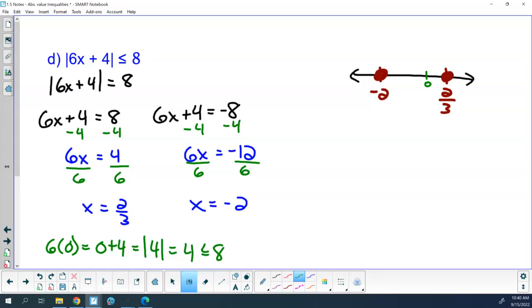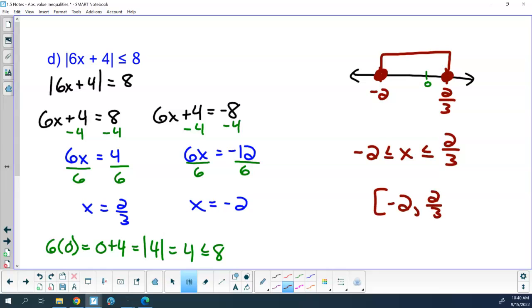So therefore, it is a handle. Inequality would be -2 less than or equal to x less than or equal to 2/3. Interval -2 to 2/3.